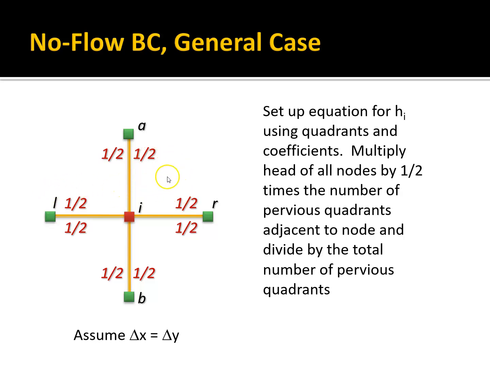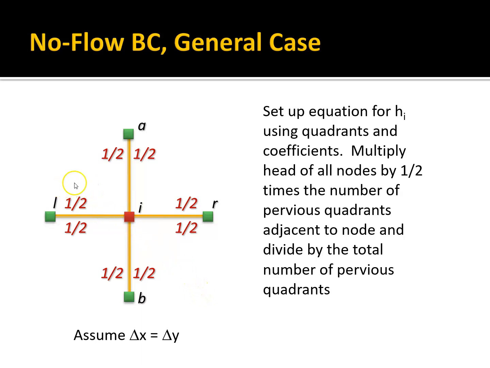So imagine that this top half is impermeable. We would say 1/2 of HL plus 1/2 of HR plus all of HB, divided by 2. And that would be our equation that we derived earlier.